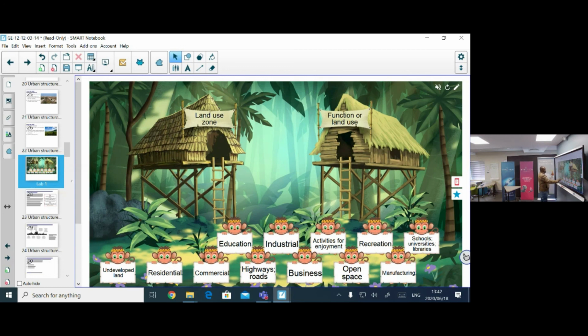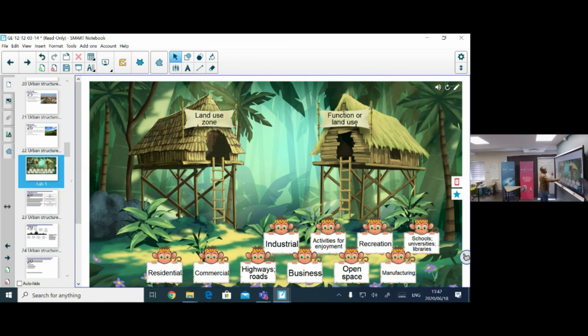Then what is education? I don't know what will happen to my sound. There must be a sound here. Then we have undeveloped land. It's refused. Yes. And then education.